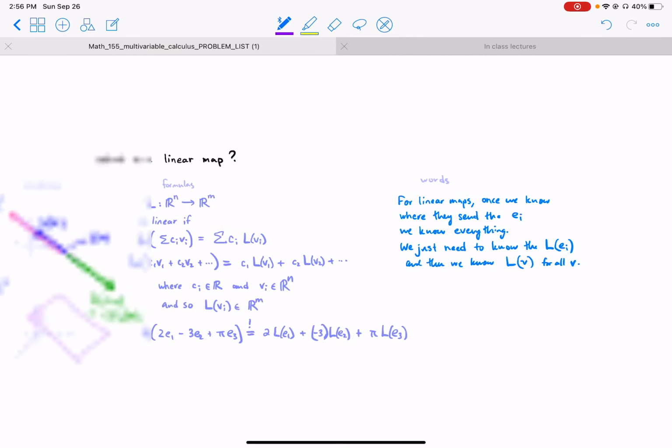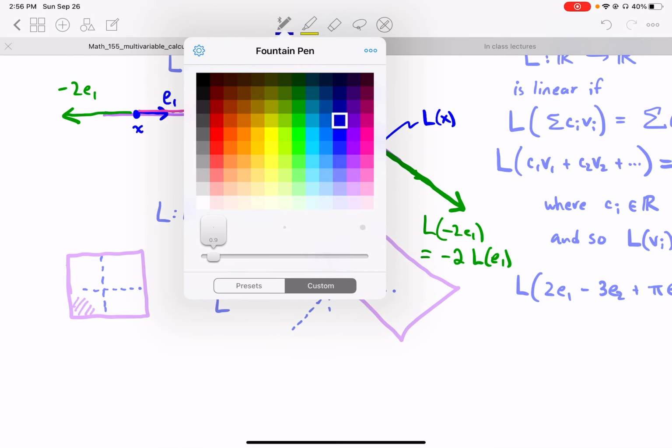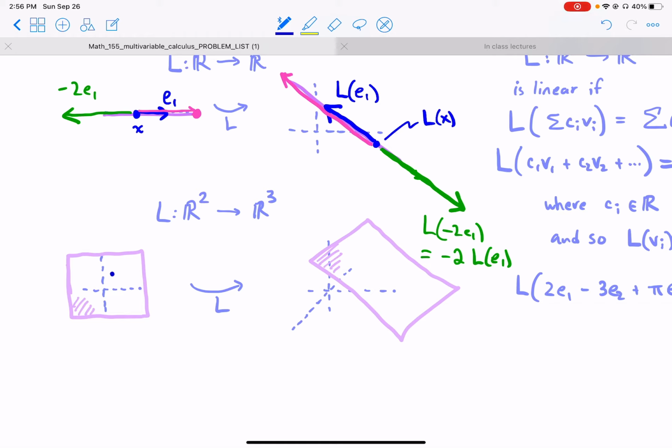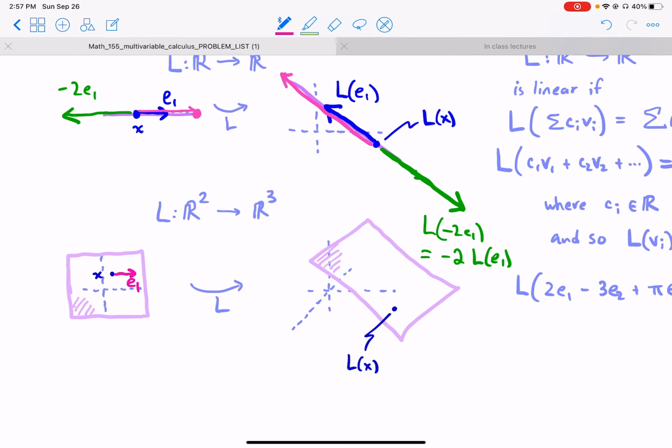Let's look at that in pictures. Let's say this is my point x, then L of x is somewhere, like maybe L of x is there. Then if I know the vector e1 is sent to this vector, L of e1, and the vector e2 is sent to this vector, then I know everything.